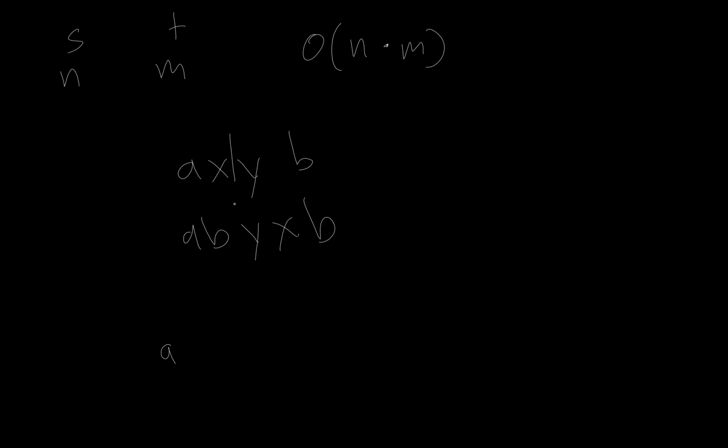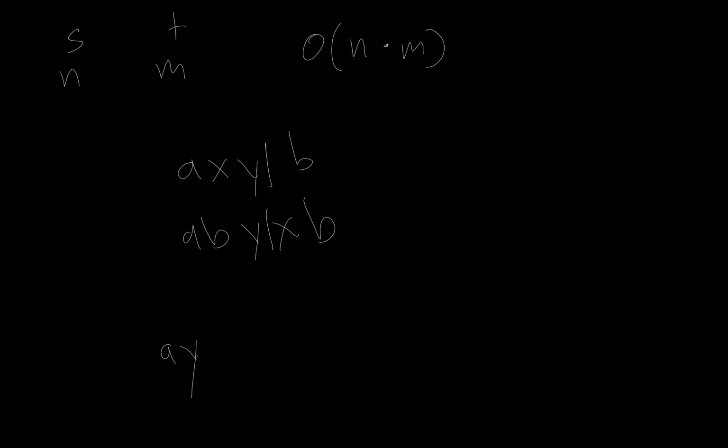So longest is still A. Then we step this one forward. Looks like we can't do anything. Step this one forward. Again, it doesn't really look like we can do anything. Then we step this guy forward. Looks like these two are the same. Now we can add a Y, right?